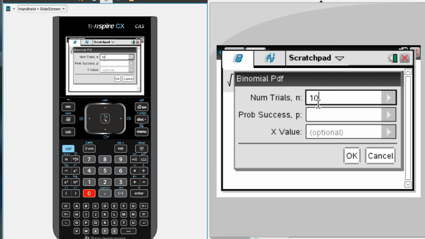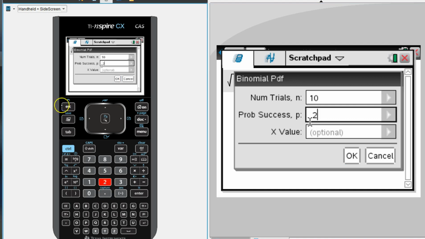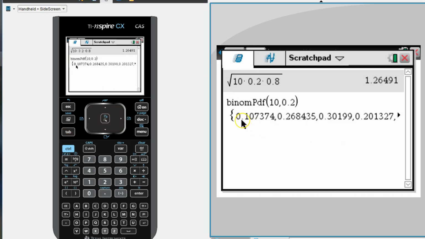Well, there's 10 questions. What's the probability of success? Well, 1 out of every 5, or 0.2. And what if I leave this blank? Then it will fill in and make a table of all of the probabilities. This is the probability I get none right, 1 right, 2 right, 3 right, and so on. Okay? That's something we've done before. If I leave that blank, it creates the table here.